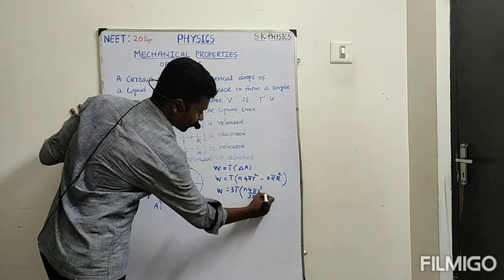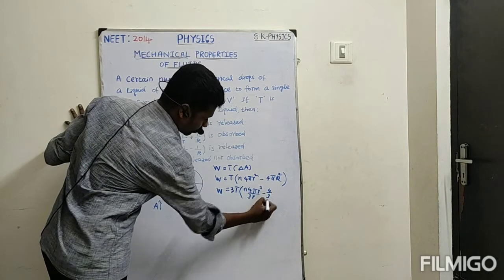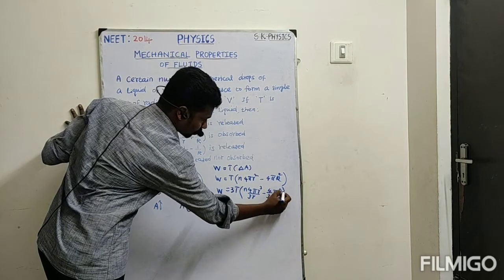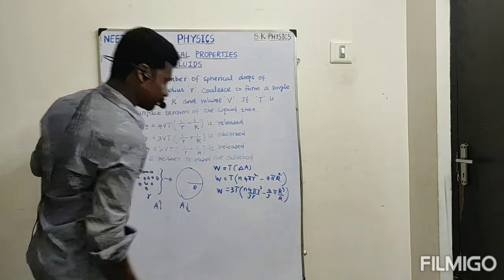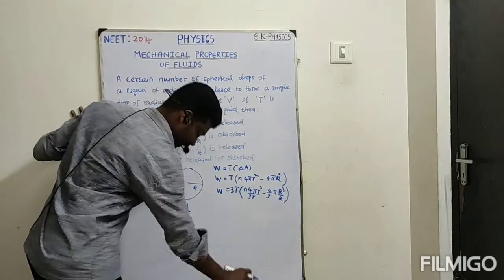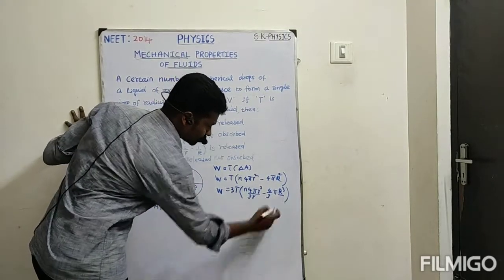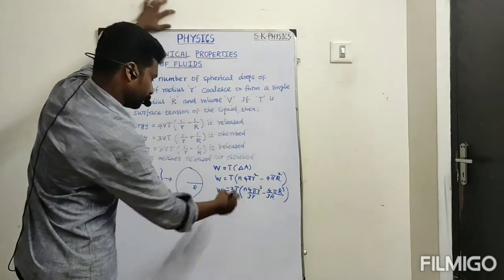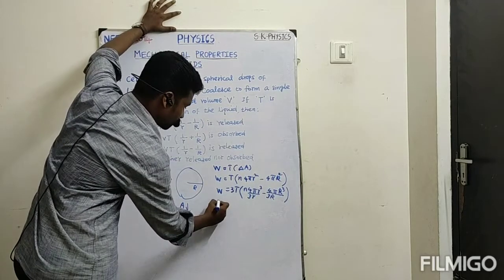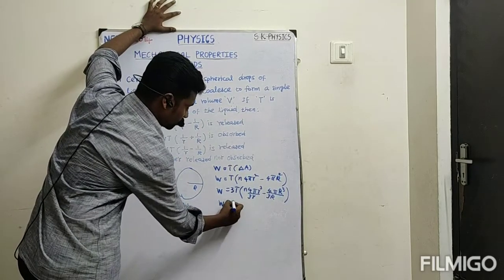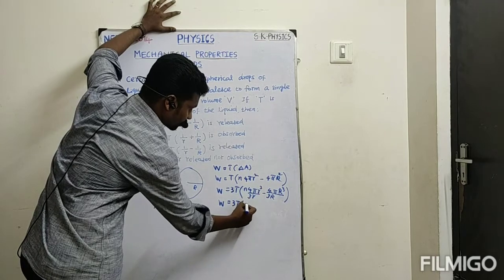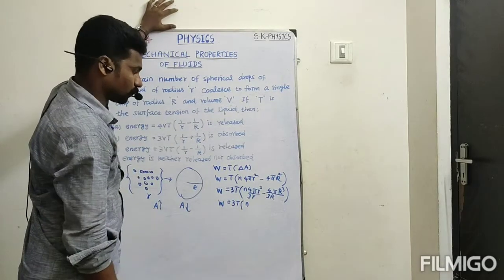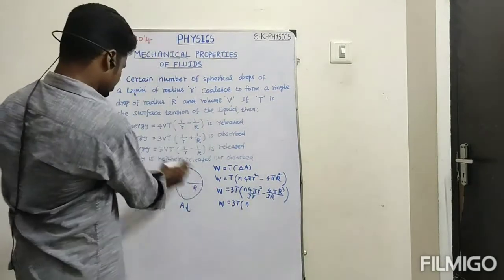Then minus again 4 by 3 pi into capital R cube divided by R, multiplying and dividing by 4 again. So now let's take the common value. So work done is equal to 3T then n into 4 by 3 pi r cube. That is volume.